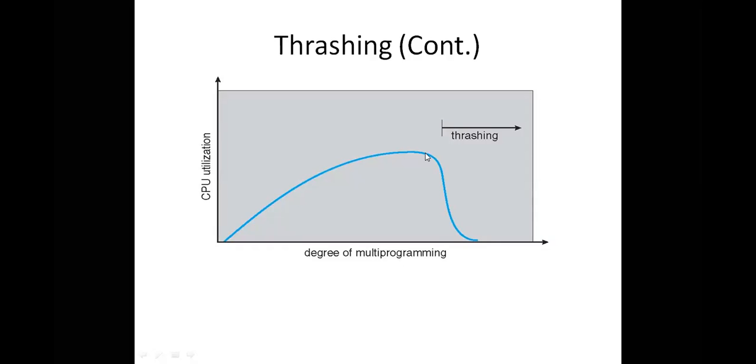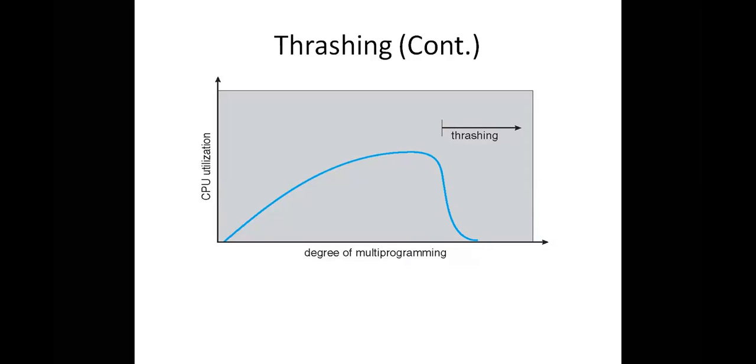Whenever you keep trying to increase the multi-programming in this direction, after some time, with more processes in the main memory, the CPU utilization will be reduced drastically. Why? Because from this particular point, each and every process has been allocated very few frames.